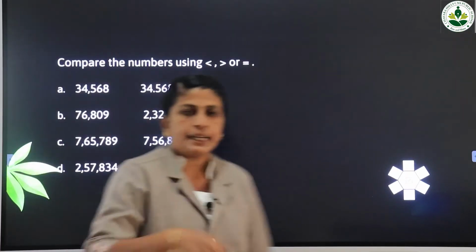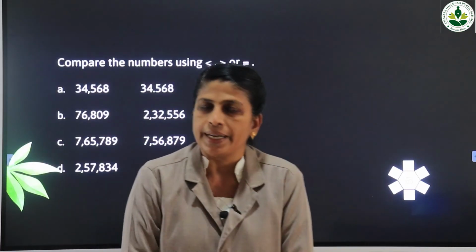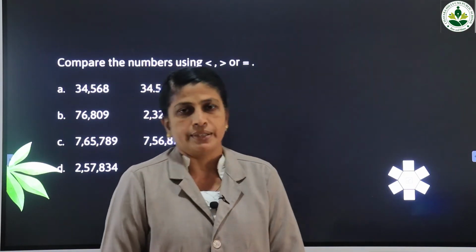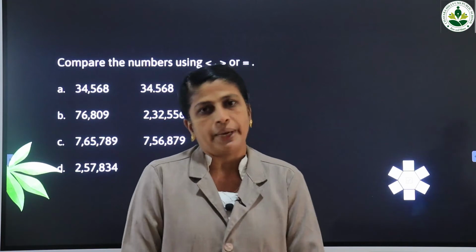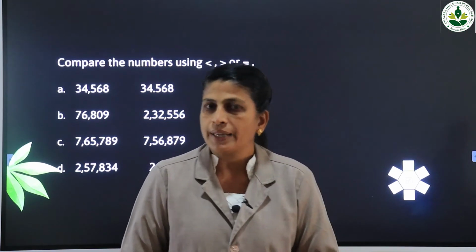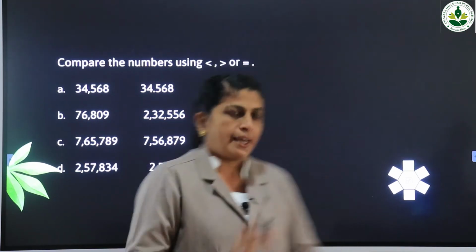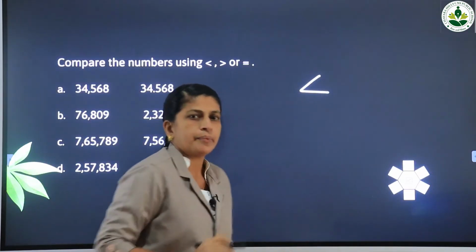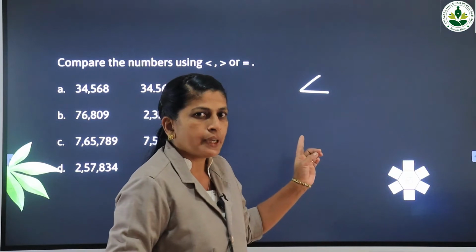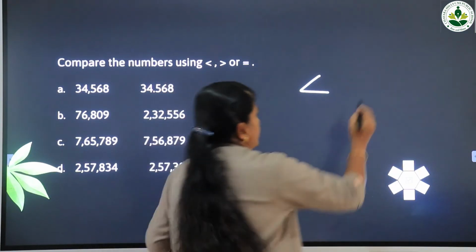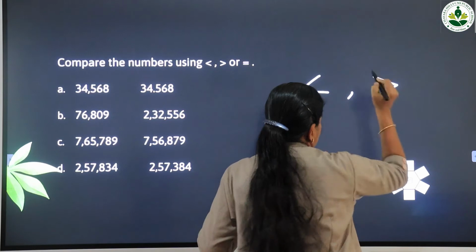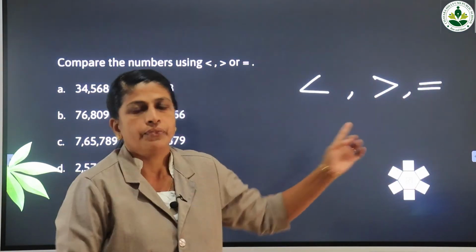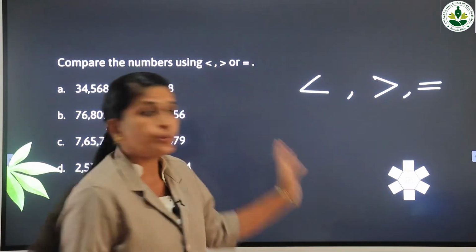In the previous classes you have studied that to compare numbers we use some symbols. Do you remember what they are? Yes, these symbols we are using. What is this symbol? And one more, another symbol is this one. These three symbols we use to compare two numbers.